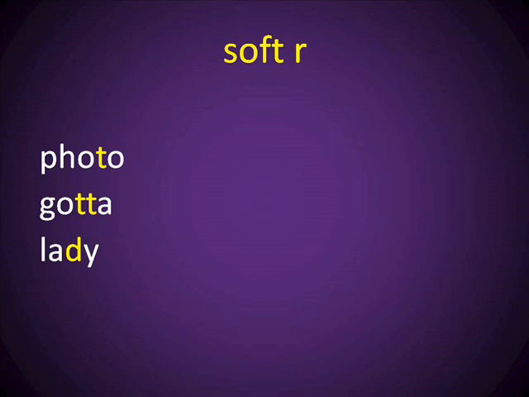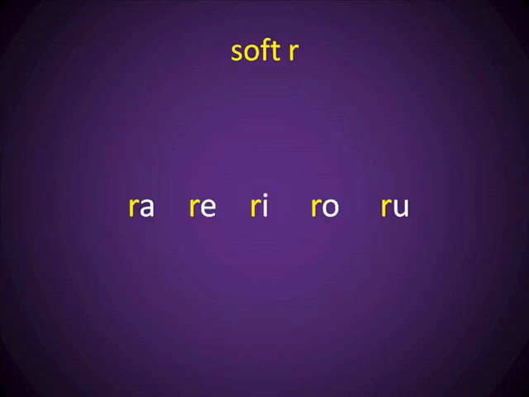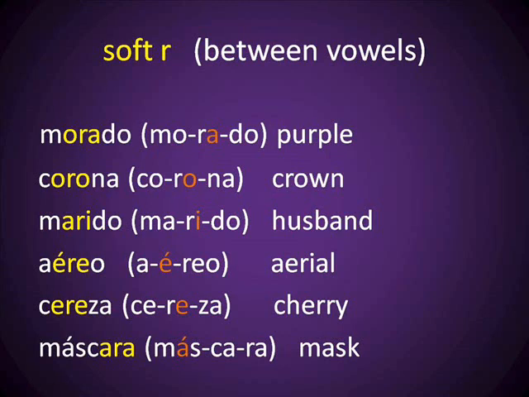When you say photo or gotta or lady, you're already making the sound of the soft R. Let's read the syllables. Ra, re, ri, ro, ru. The sound of the soft R is mainly used when this letter is in the middle of two vowels.